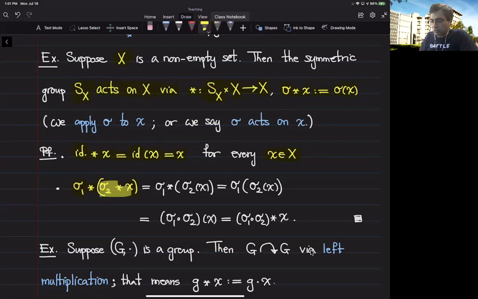When I apply sigma 2, by definition, I have to apply sigma 2 to the point X. And then when I let sigma 1 act on this point, that means that I need to apply sigma 1 to the point sigma 2 of X. That means I'm looking at the composite of sigma 1 and sigma 2 applied to the point X, which means we are letting the composite of sigma 1 and sigma 2 act on the point X. And we get the desired equality.